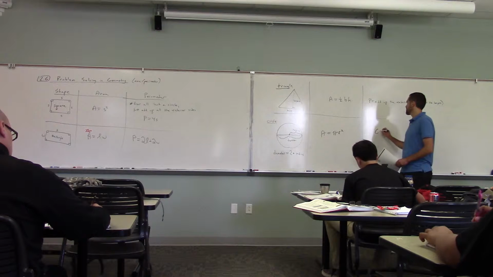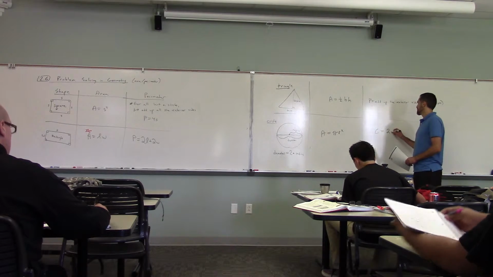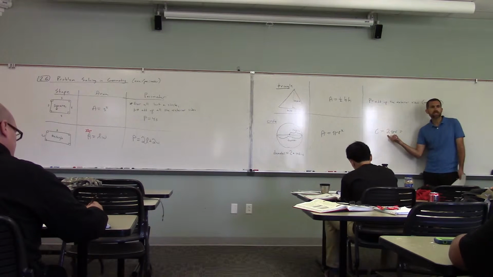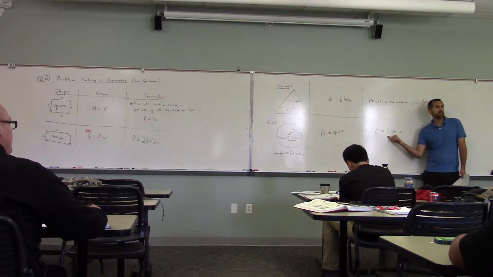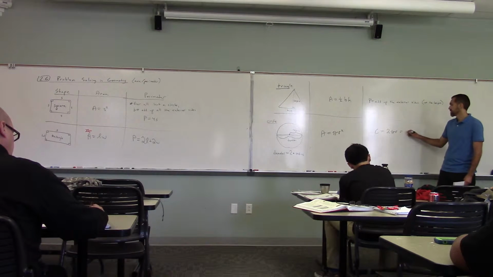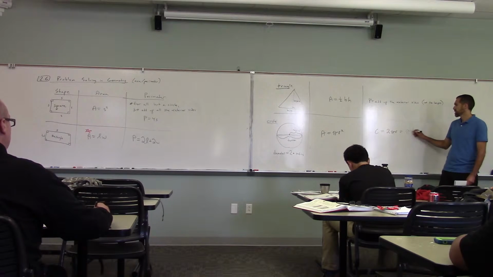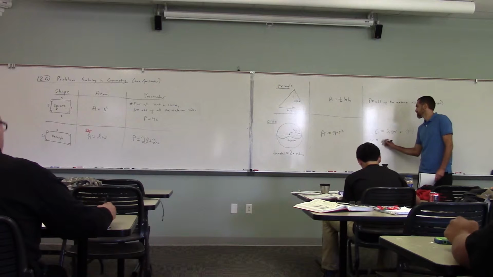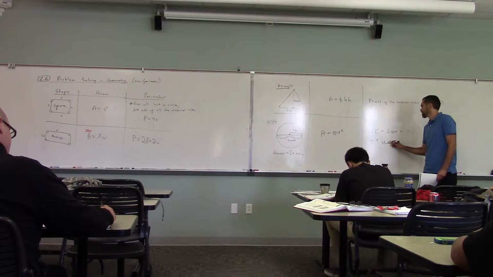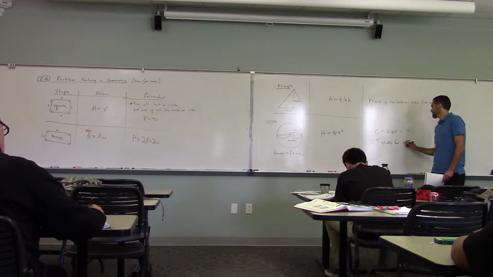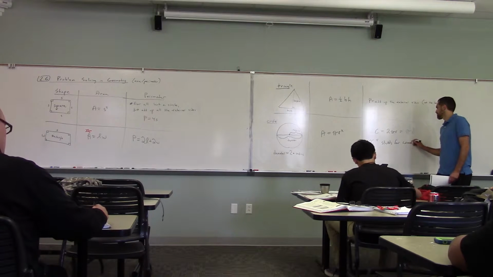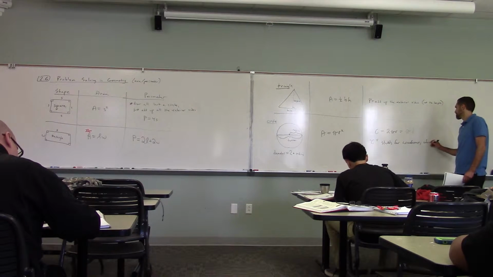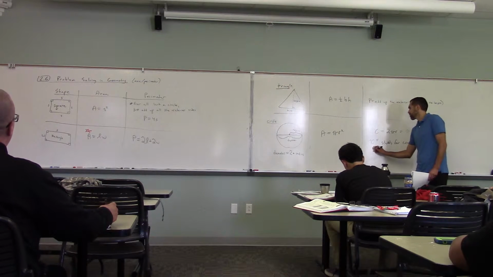And the equation for the circumference is 2 pi r, which is the same thing as, since 2 times radius is diameter, that's the same thing as pi diameter. And c stands for circumference. Which is the perimeter of the circle.